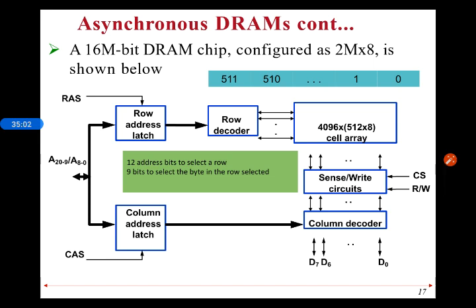In this case, we are going to implement a 16 megabit memory. It is organized as 2M into 8. That means we need to derive only 8 bits of information at a time. But the chip is actually arranged as 4096 into 512 into 8.